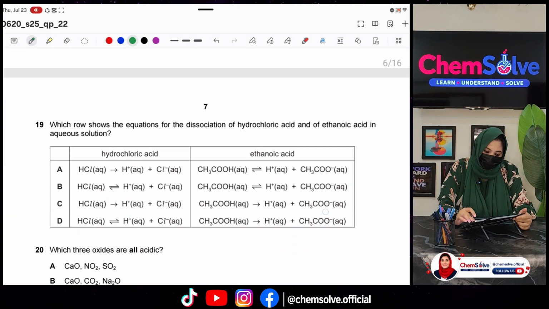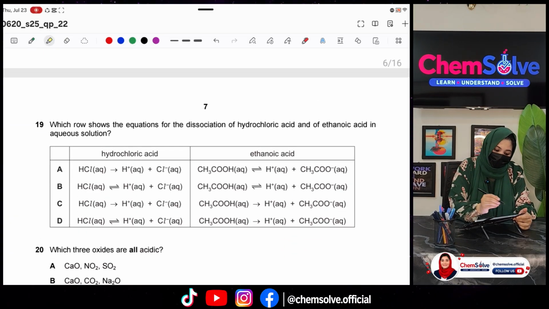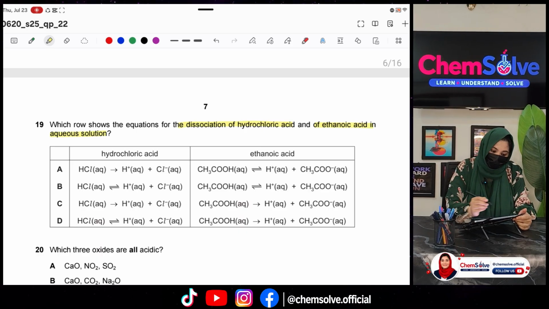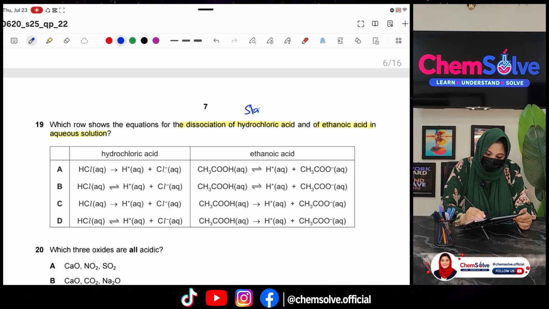Now moving towards question number 19. Which row shows the equation for the dissociation of hydrochloric acid and ethanoic acid in the aqueous solution? Okay, so we know that hydrochloric acid is the strong acid.